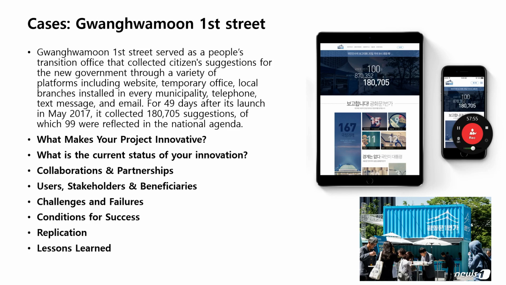Last but not least, citizens showed their passion for participation by coming up with and submitting so many suggestions in only 49 days. Throughout this process, Gwanghwamun First Street served as a place for citizens and members of the public and private sector to come together and cooperate, implementing an unprecedented level of civic engagement in policy.